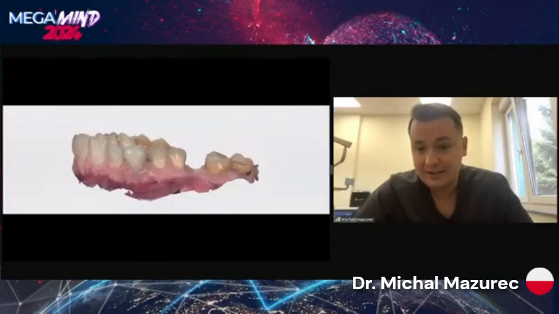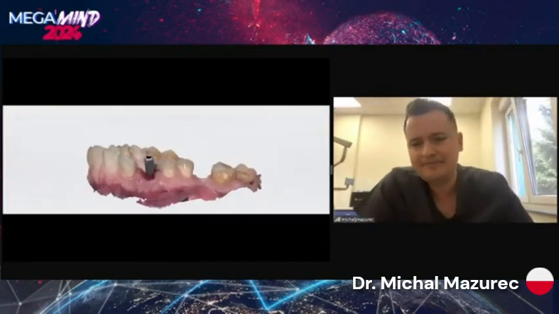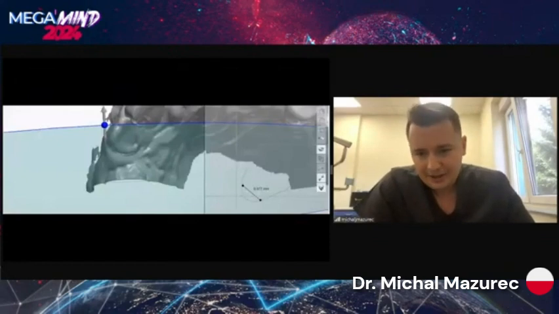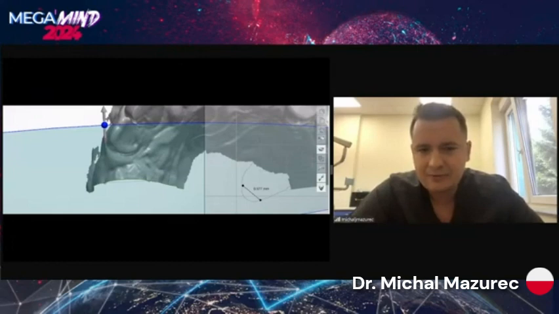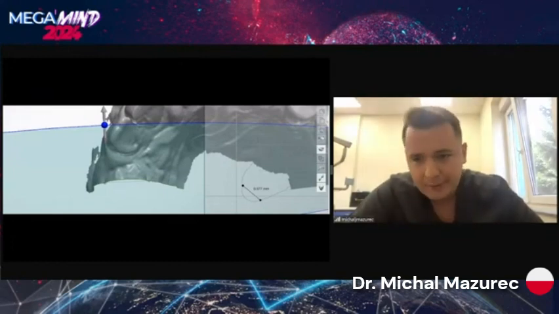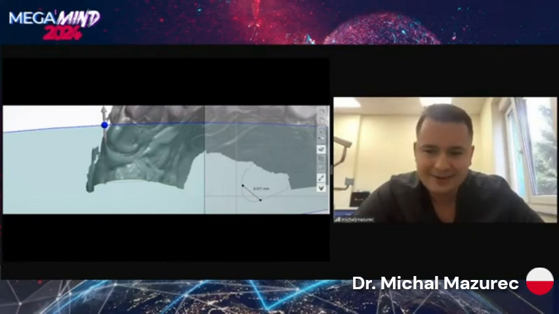We started doing the scanning. Of course, with the digital approach, we make a scan. And what I checked here is that I made some cuts from the first scan and measured the width of the socket. It came out as 8.977 millimeters.